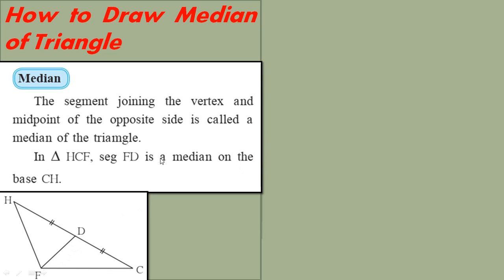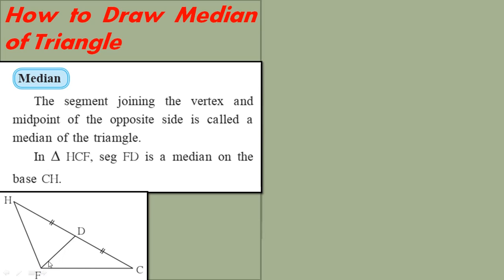So the median divides the opposite side of the angle into equal parts. So DC is equal to HD. Length HD is equal to length DC. So this is the midpoint of HC, and the segment joining the midpoint of the opposite side to the vertex of the triangle is called the median.